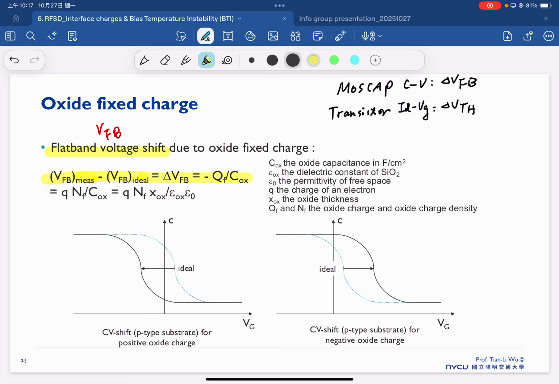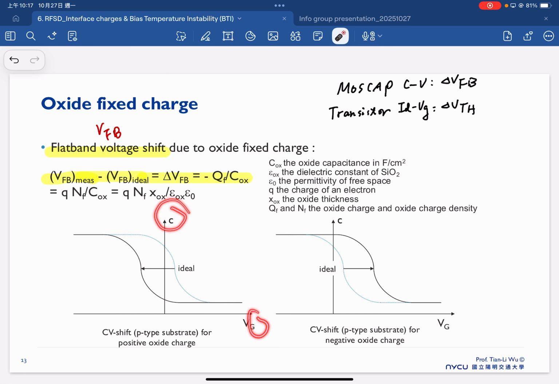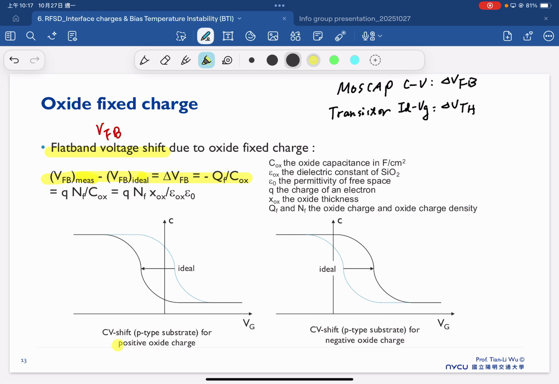So if you look at the bottom CV curve here, this is ideal. But now if we have this positive oxide charge, that will cause our CV curve to shift to the left.